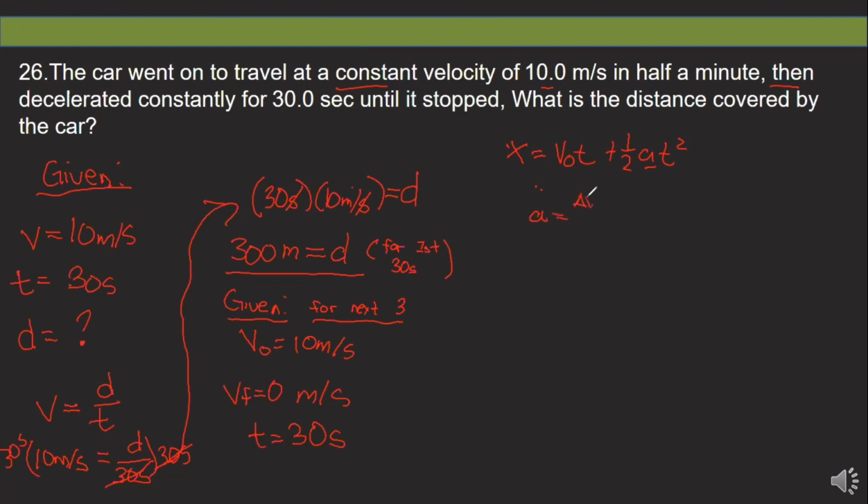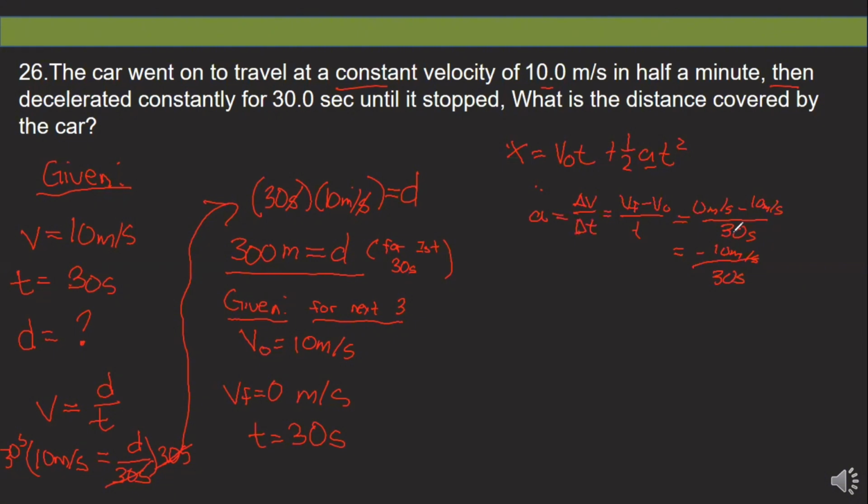Acceleration is equal to change in v over change in t. If we expand change in v, we have final velocity minus initial velocity over the total time. So we have 0 meters per second minus the initial velocity, 10 meters per second, over the time, which is 30 seconds. 0 minus 10 is negative 10 meters per second over 30 seconds.